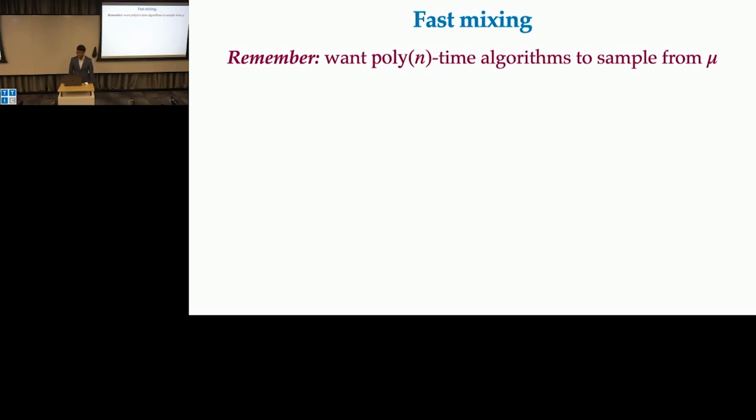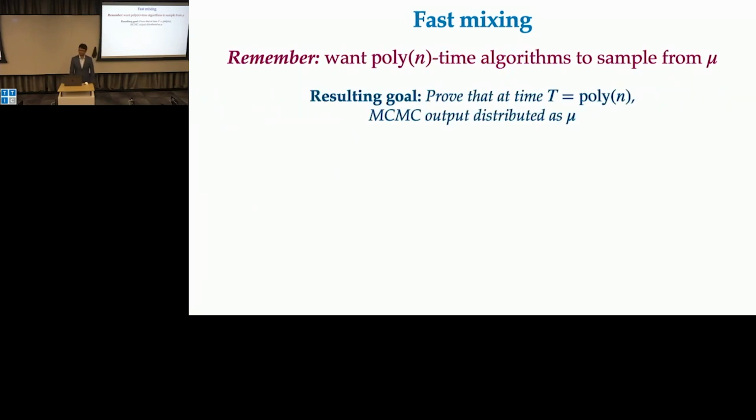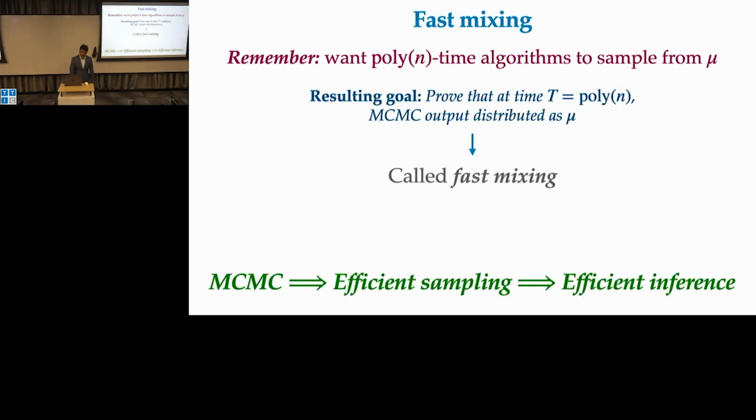But we don't have time equals infinity. We want polynomial in n-time algorithms. So the natural goal that this leads us to is to prove that when you run your Markov chain for polynomial in n-time, then the output is distributed according to mu. This is a property of a Markov chain that we will refer to as fast mixing. If we can prove fast mixing for a Markov chain that came up for us in the context of inference, then we get an efficient sampling algorithm.